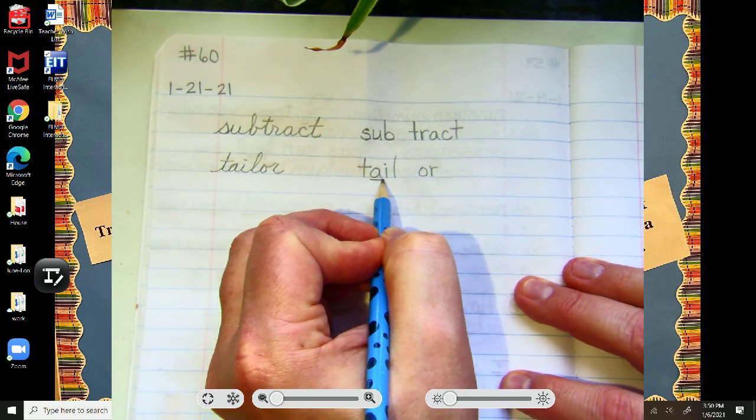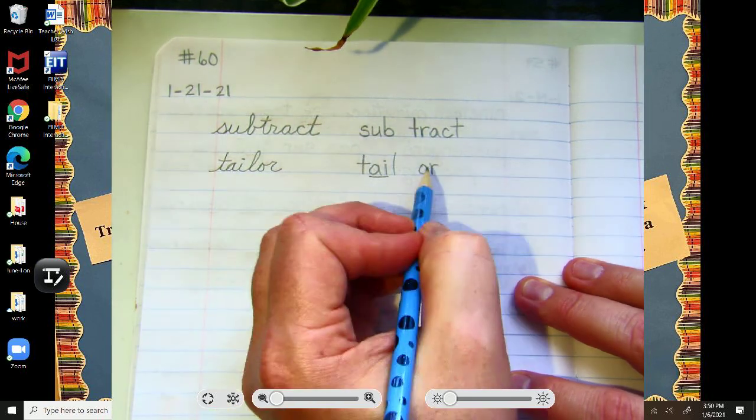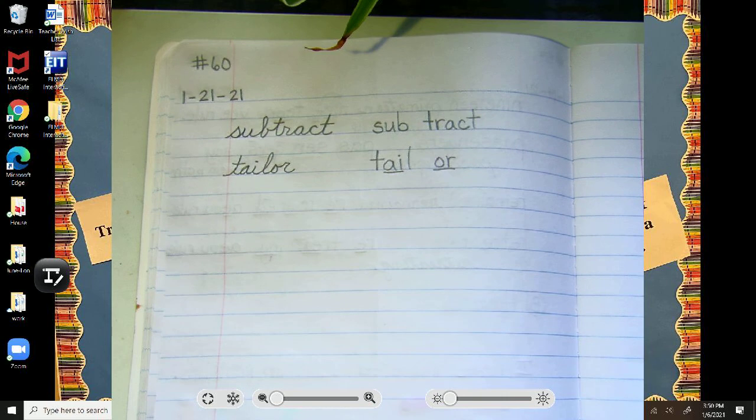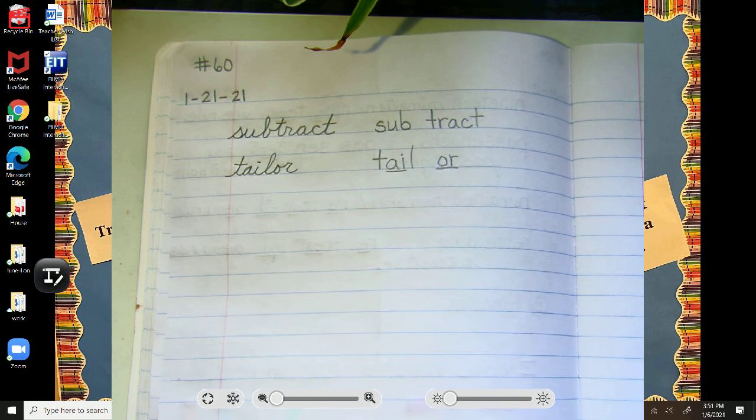We have ai, 2-letter A, that we do not use at the end of English words, and or, the or of corn, tailor. Tailor. Oh, by the way, no rules in tailor.